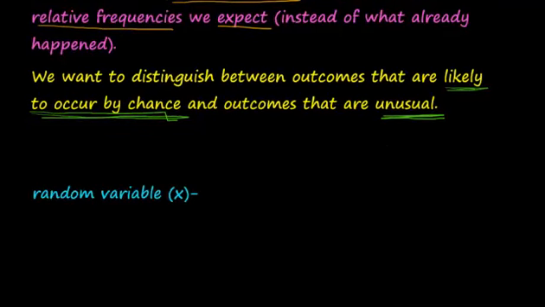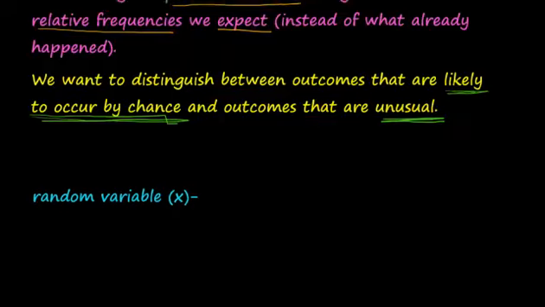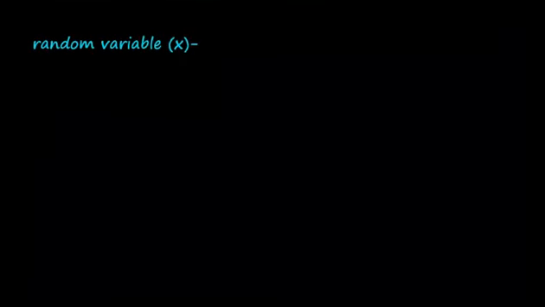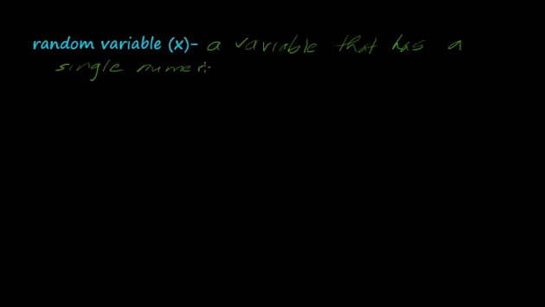So let's start with a definition of a random variable x. This is a variable that has a single numerical value for each outcome of a procedure.